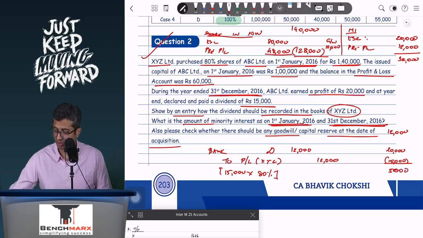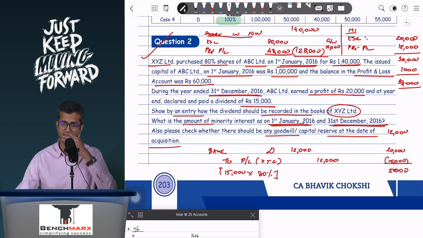Out of this 5,000, 80% will go to the parent, 20% will go to the minority, and hence 1,000 will go to the minority, and hence 33,000 will be the minority's interest at the end of the year.